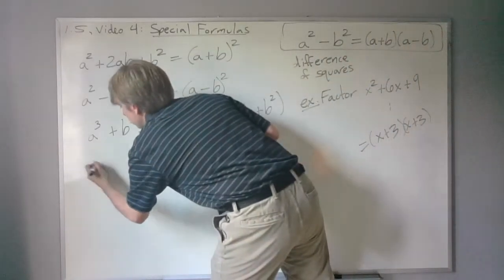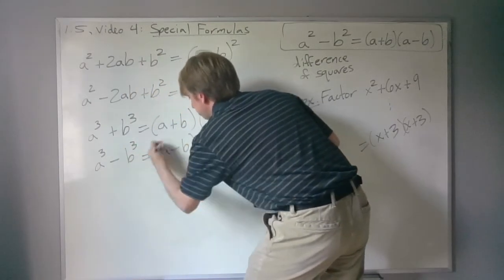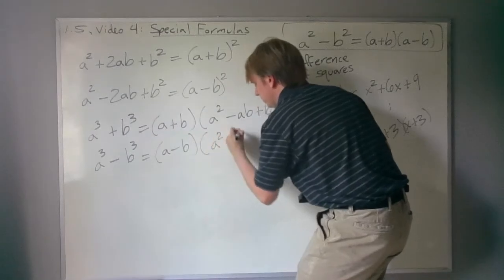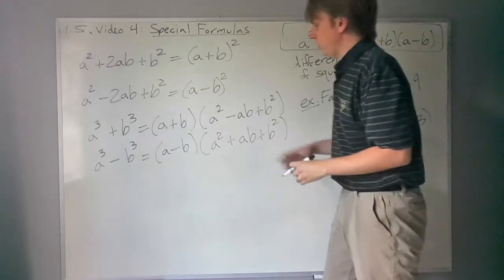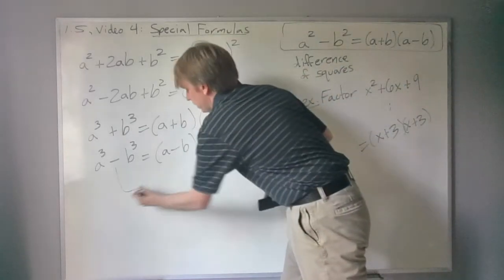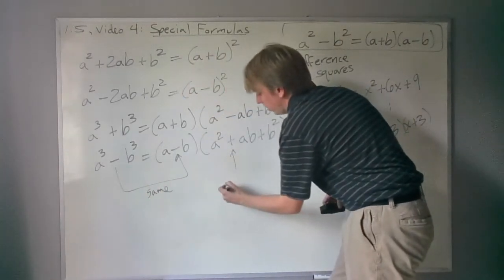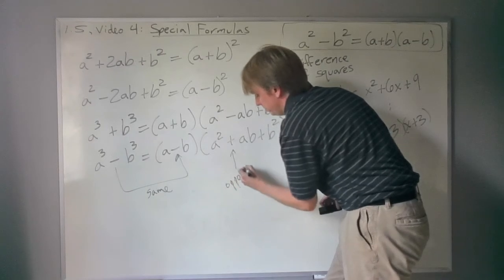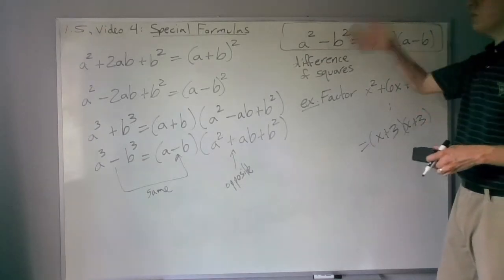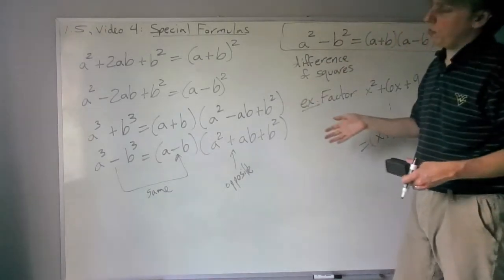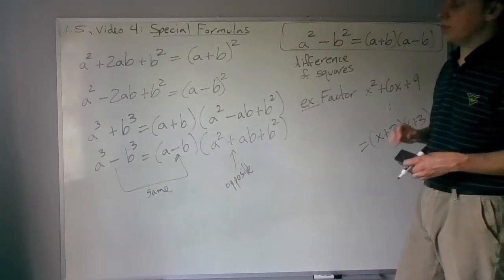And if you have the cube minus the cube, we get something similar, where if you look at the two formulas, the signs here are the same, and the signs in the middle are the opposite. Okay, anyway, so if we happen to see a cube minus a cube, there is actually a formula for cube minus cube. Here's what they are, in case they show up in your homework.